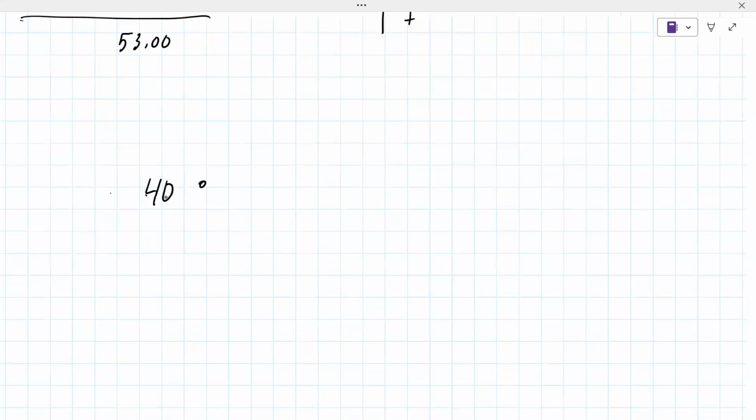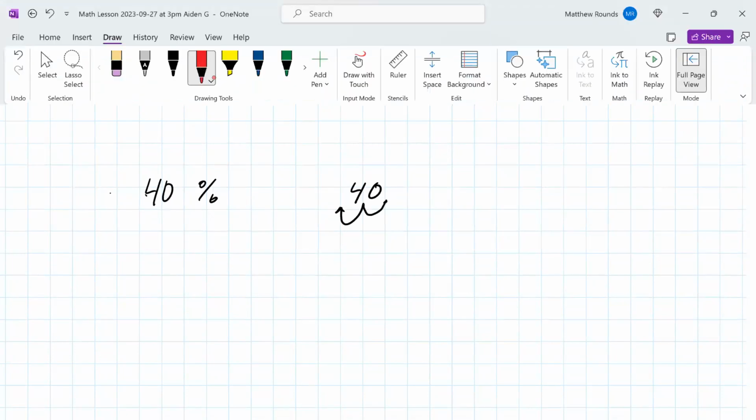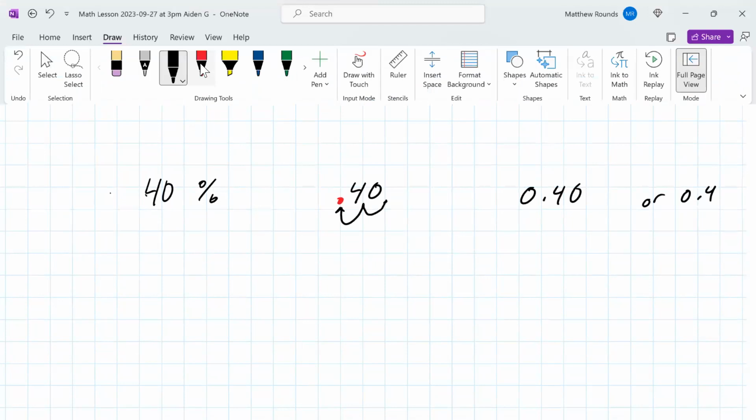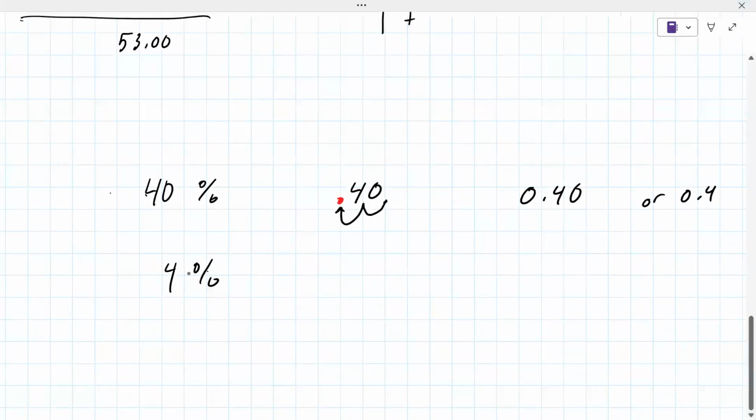Okay, 40%, 40 point. You move the decimal twice. It goes right there. And so the answer is 0.40 or 0.4. You can leave off the zero. 4% is 4, but you move the decimal left twice.